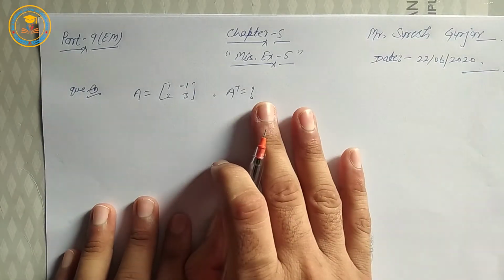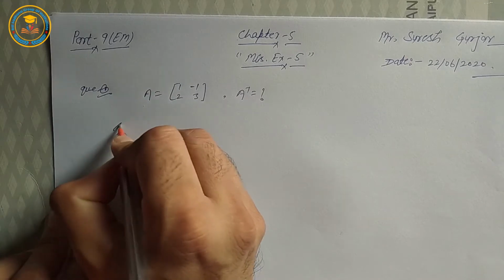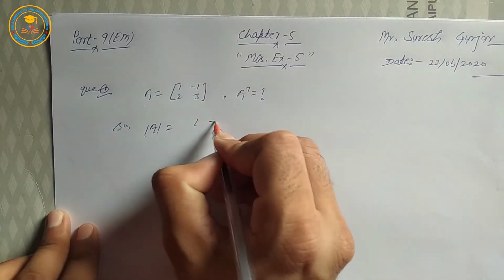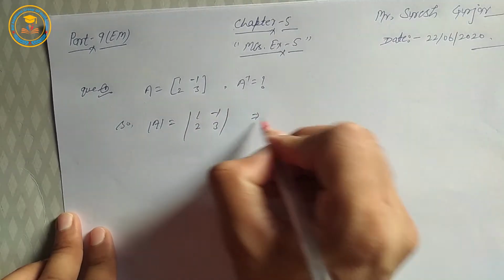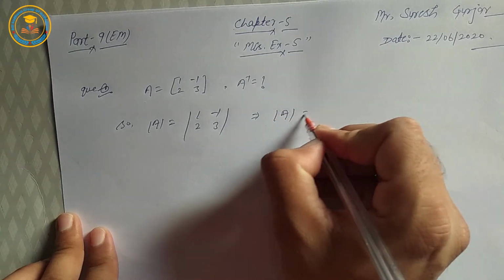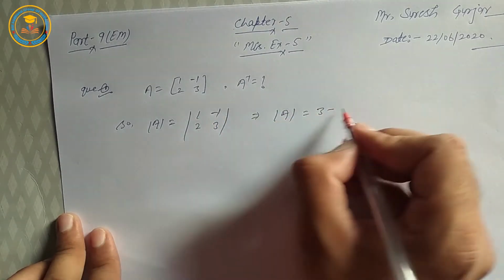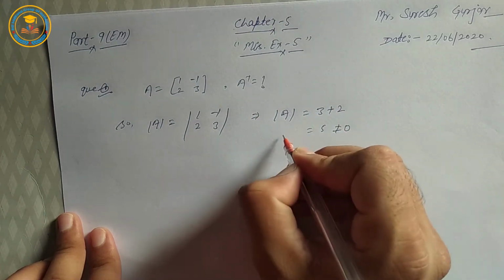Formula of A inverse is equal to adjoint A upon determinant A. So, determinant A is equal to 3 into 1 minus 2 into minus 1, it means plus 2, which is equal to 5, not equal to 0.